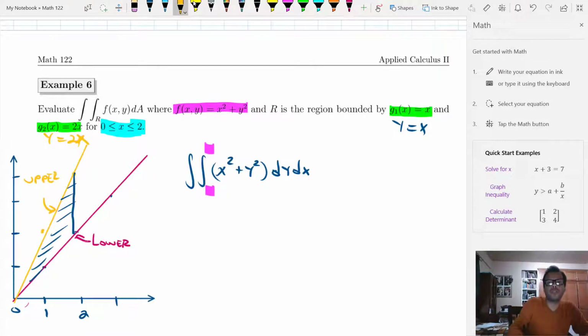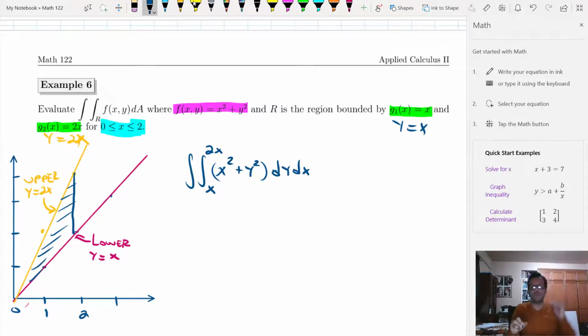The lower is y equals x, and the upper is y equals 2x. So the innermost limits of integration are from x to 2x.